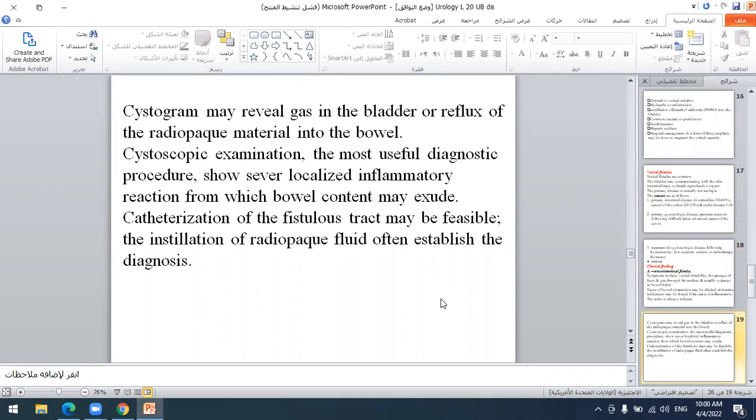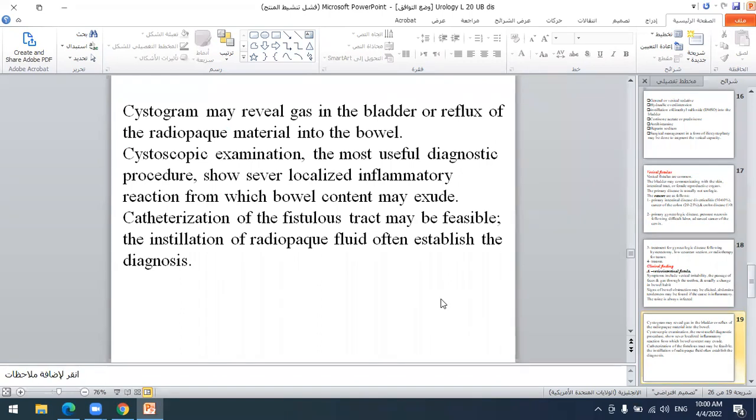We insert a Foley catheter into the bladder and inflate the bladder with contrast substance. So we do cystography, push dye in the bladder, and then we see the dye reach the bowel.